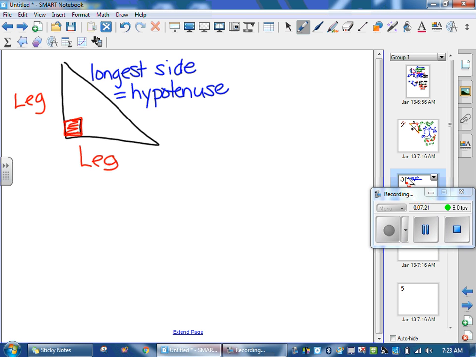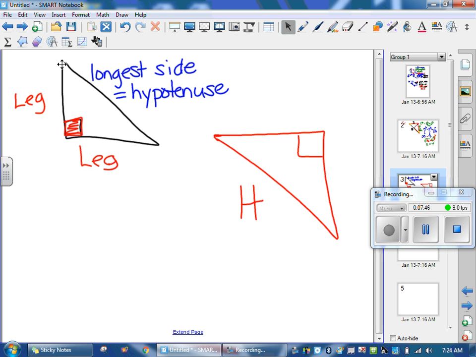When we find our triangles, we need to be able to label our triangle according to what our angle is. So, for example, if I were to draw a different triangle, we need to label each of the parts. There's my 90. I know that's my hypotenuse, my H. I've got 2 other sides, but I'm not able to identify them unless I circle an angle.